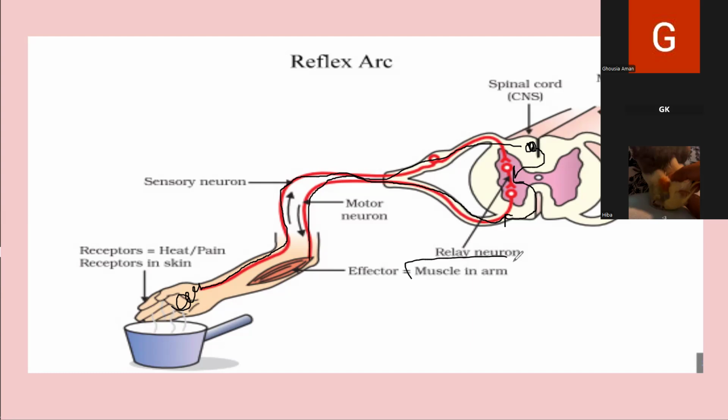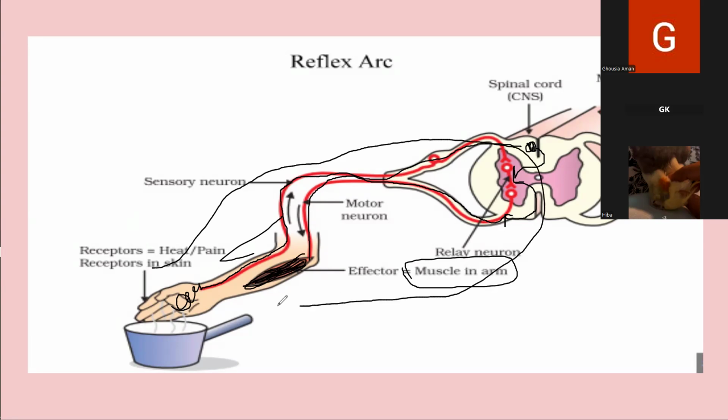Your muscles and the glands in our body. As soon as the muscles get the command, the response, they will contract, and with a jerk, you will withdraw your hand. So this complete pathway through which the stimulus is received and the response is coming back to the effector is called a reflex arc.